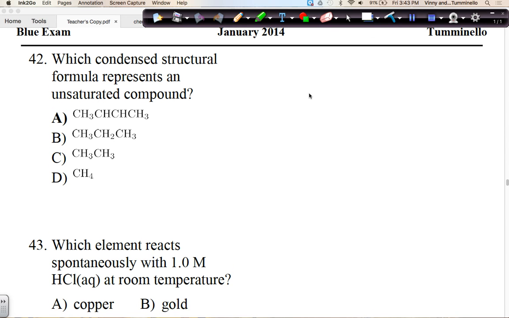For number 42, which condensed structural formula represents an unsaturated compound? Remember, unsaturated means that there is a double or at least one triple bond present in the molecule, and that happens when the number of hydrogens is either double the carbons or less than double the carbons.